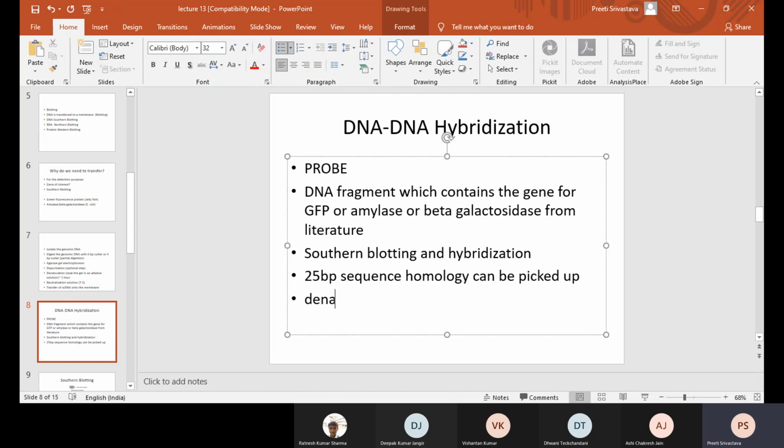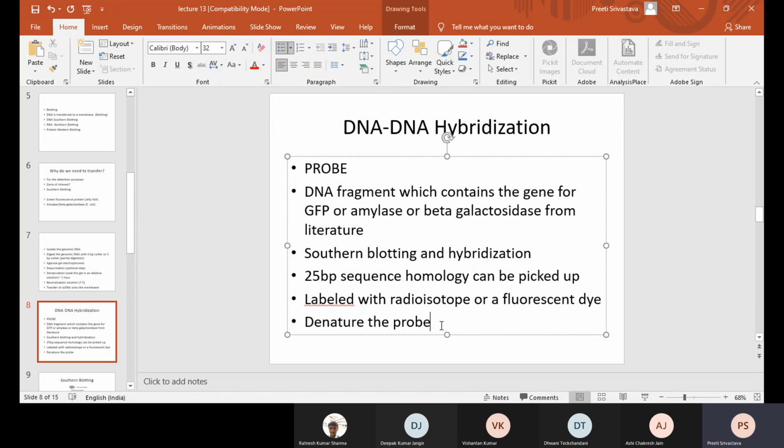And what you do is you denature the probe. Before denaturing, the probe is labeled with either a radioisotope or a fluorescent dye. And then you denature the probe.